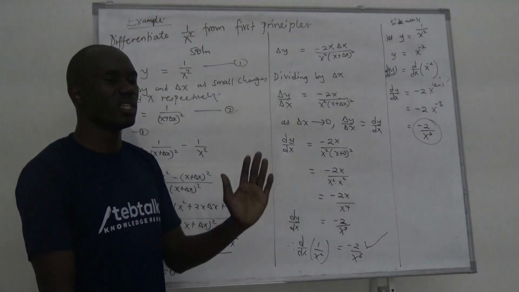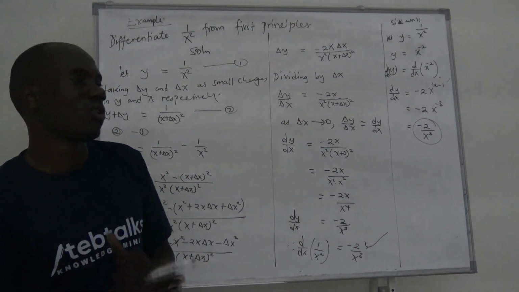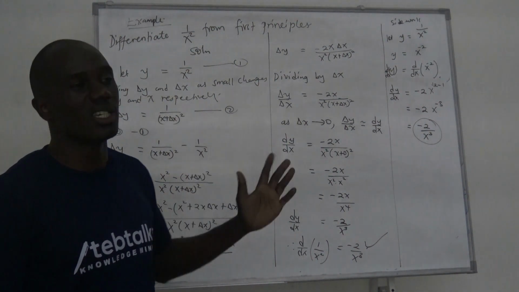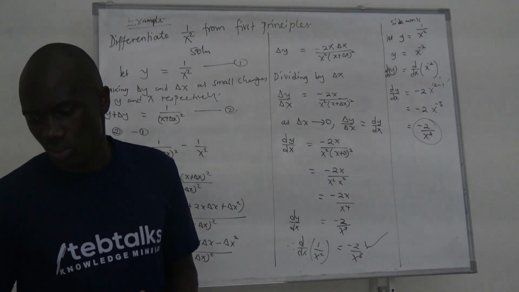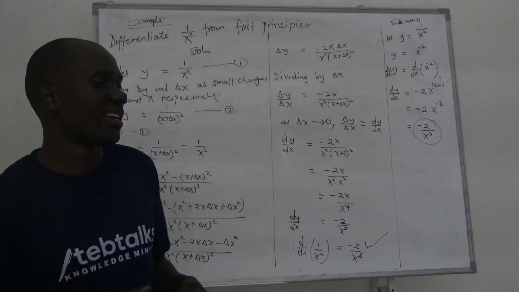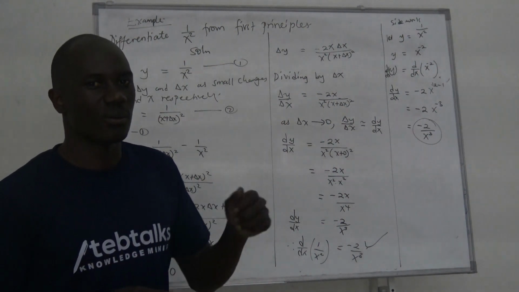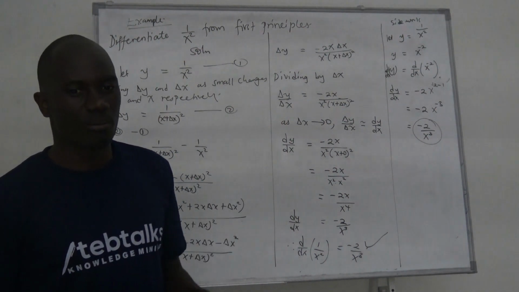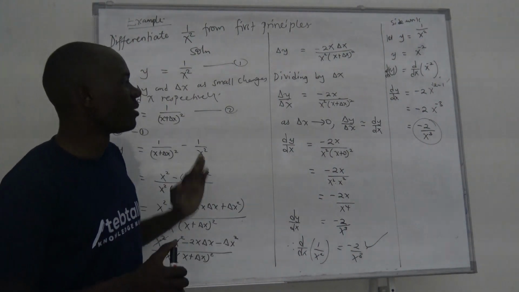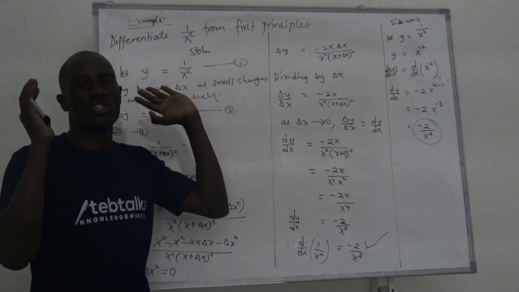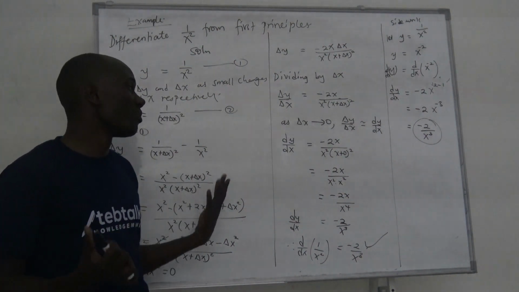So, whenever I tell you to differentiate in that way, then go ahead and differentiate the way they have already told you. And if a question says differentiate from first principles, kindly differentiate from first principles. But if they say just differentiate, and you say first principles is good for you, then I have no problem with that.